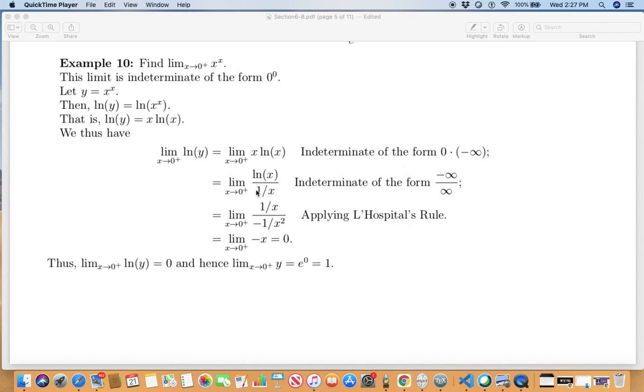So take that, put it down as a reciprocal. Now you have an indeterminate of this form. You can take the derivative of the top by L'Hopital's, derivative of the bottom. When you simplify this, you have negative x, limit is 0. So the limit of natural log y is 0. So what is the limit of y? e to the 0, which is 1.